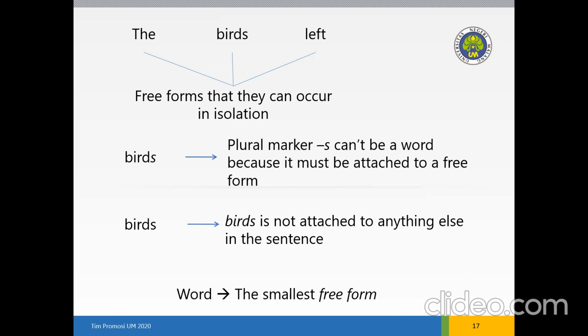And then if you see the next explanation, birds is not attached to anything else in the sentence. So the word birds can stand alone, but the plural marker s cannot stand alone. So a word is the smallest free form.